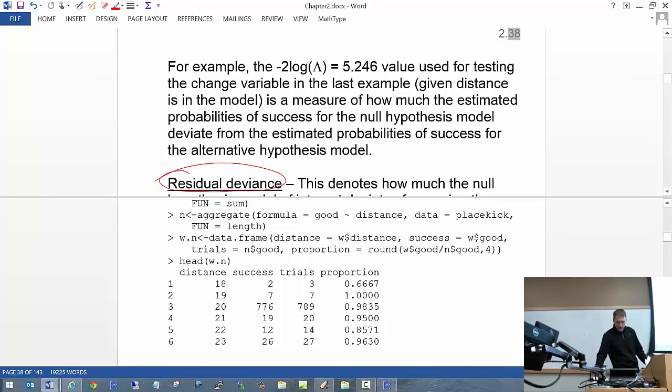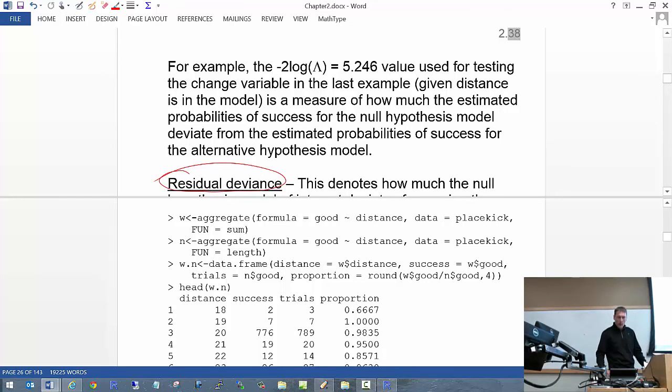Remember when we found the observed proportion of successes at every distance? And I think in total there are probably about 40 unique distances. And so what the residual deviance does is that for one of its models, it essentially says, let's estimate pi simply the best that we could, and that is by using the observed proportion of successes.